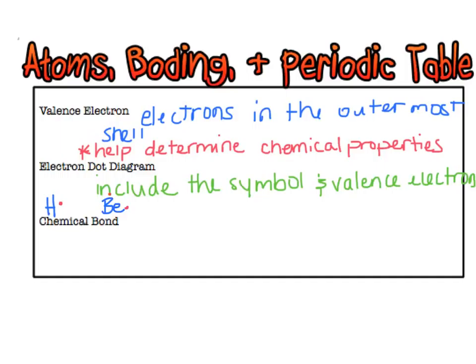The last word that I want to define for you is chemical bonds, which is the force of attraction that holds the atoms together. So a chemical bond is some sort of attraction that keeps these atoms together.